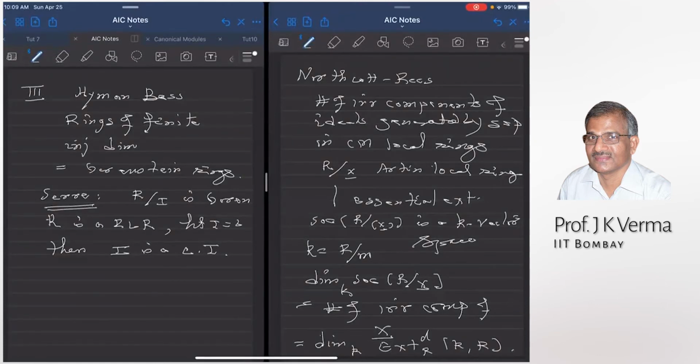The fourth approach was due to Grothendieck. Grothendieck looked at rings which are quotients of regular local rings.